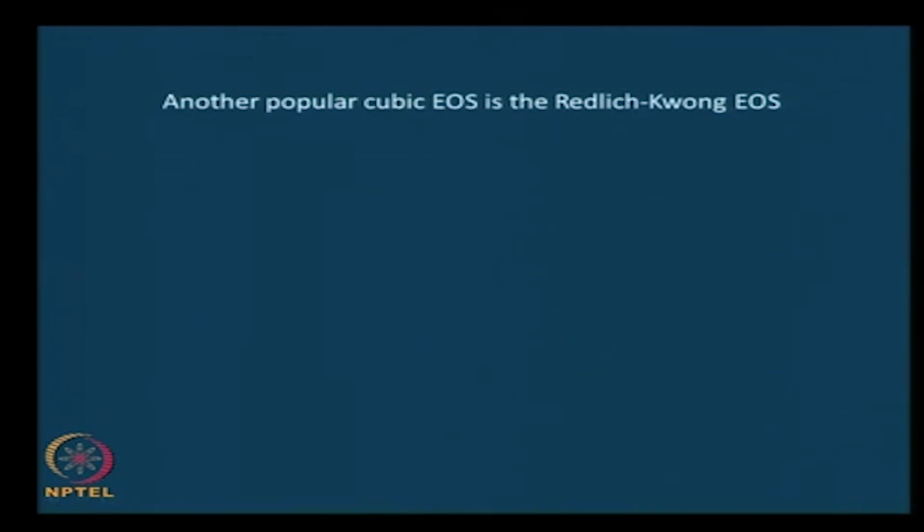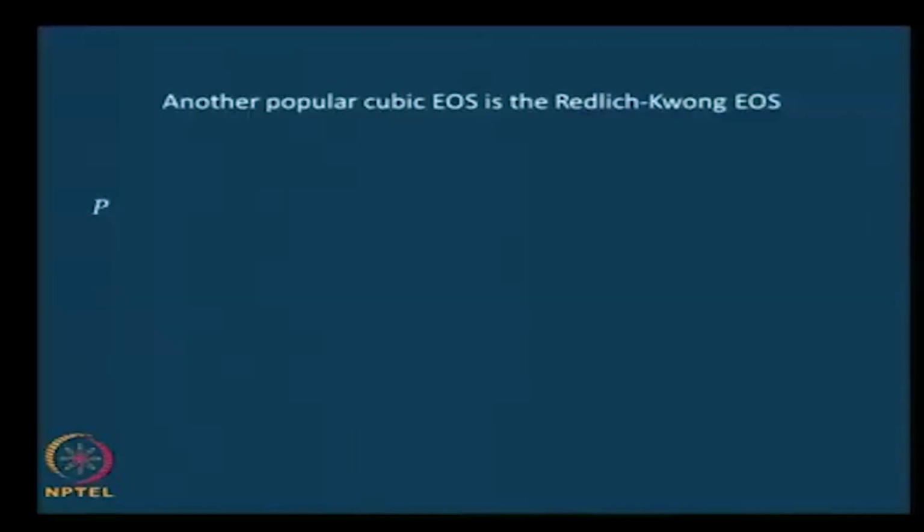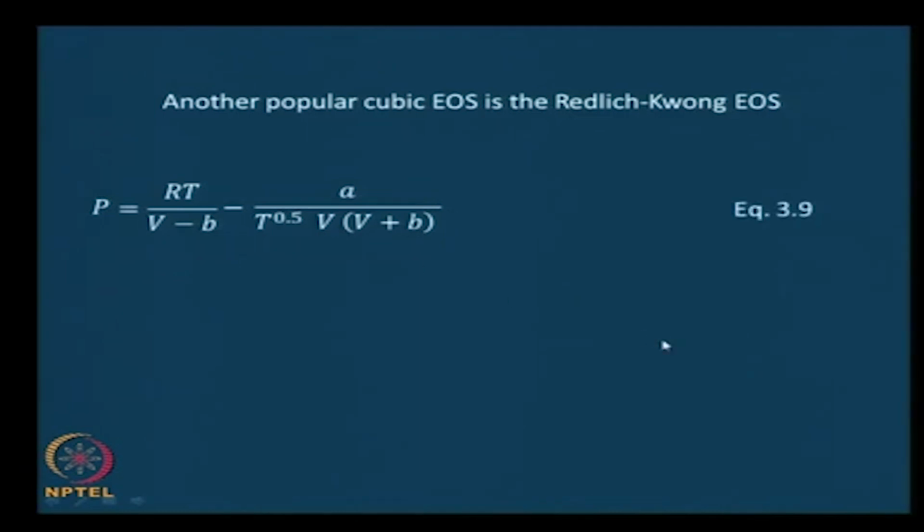Before I make some more comments on that, let me present another popular cubic equation of state, which is called the Redlich-Kwong equation of state. The equation itself is P equals RT by V minus B, somewhat similar to the earlier cubic equation, minus A divided by T to the power 0.5 into V into V plus B. We will call this equation 3.9.